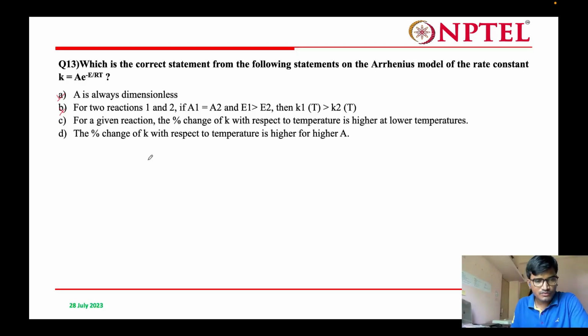As you know, k equals A e to the power minus E by RT. Now differentiate with respect to temperature: 1 by k dk by dT equals E by RT square.